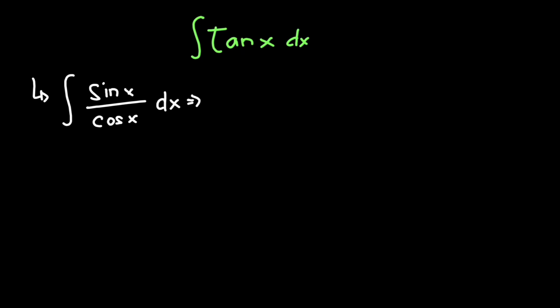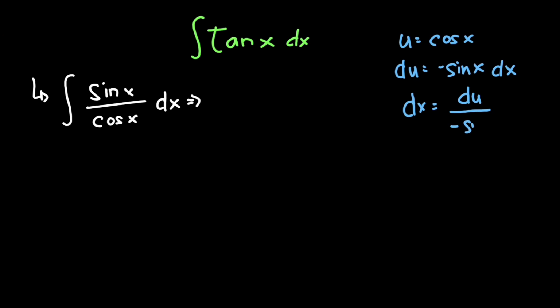And so, let u here be cosine of x, and the derivative of cosine of x is negative sine of x, and multiply this by dx. So, take the value of dx, put negative sine x to the other side, so this will be du over negative sine of x. So, substitute all these values into this equation.